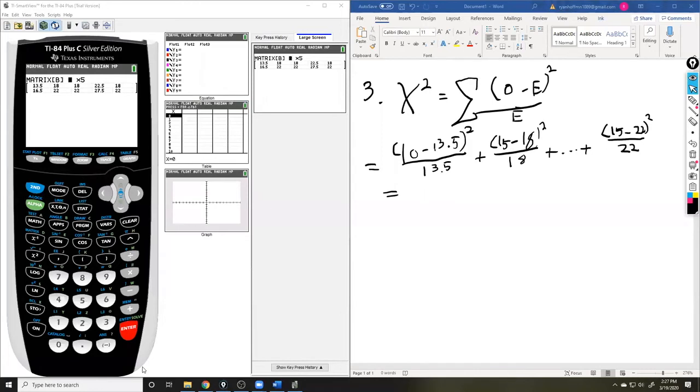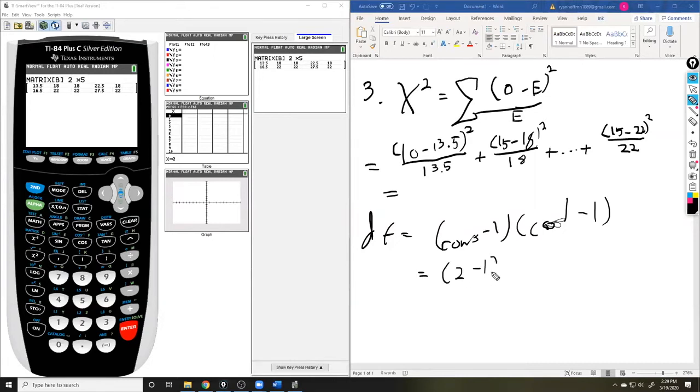Degrees of freedom. So remember, it's rows minus 1 times columns minus 1. So that is going to be 2 minus 1 times 5 minus 1. And that is 1 times 4 is 4.